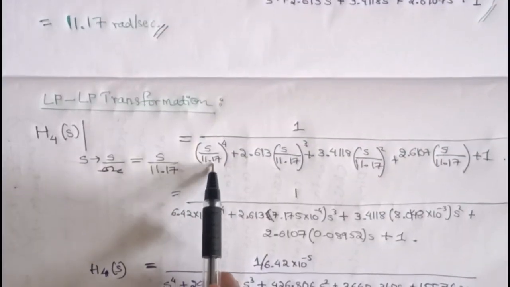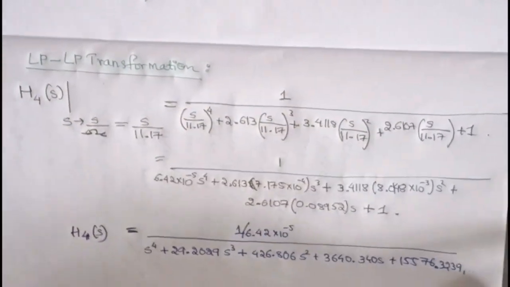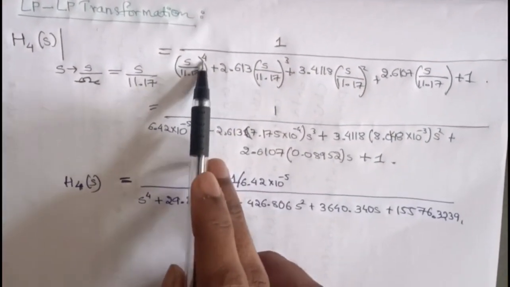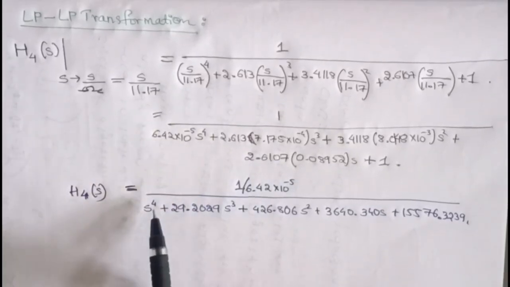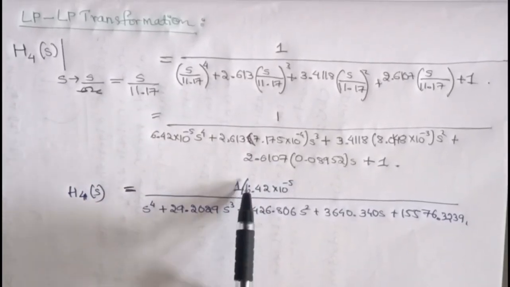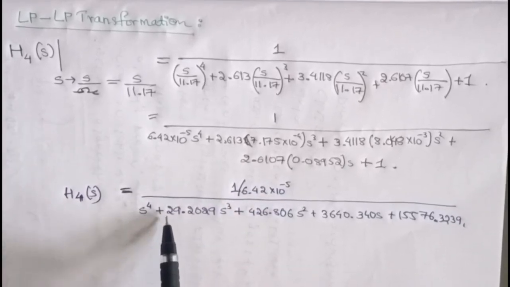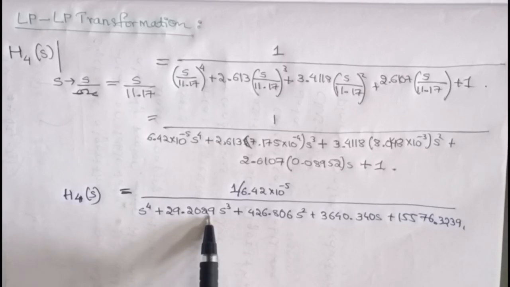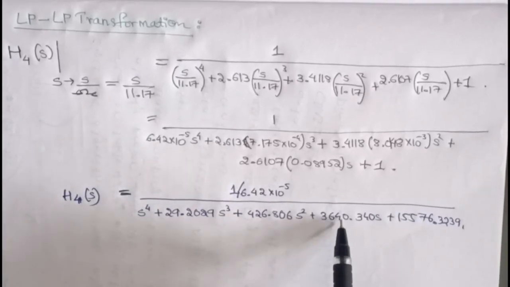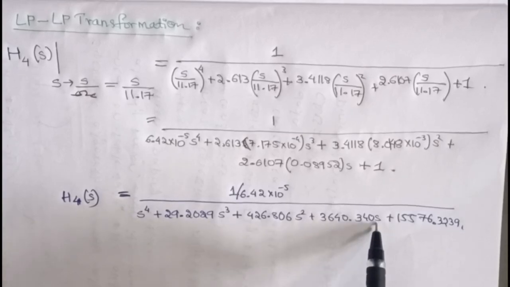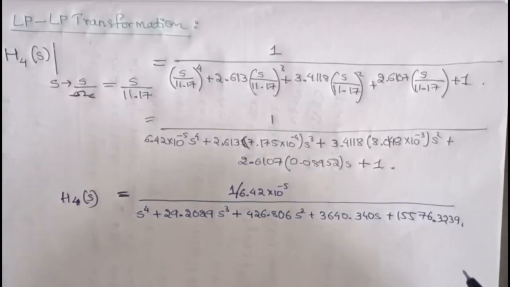Substituting s divided by 11.17 in place of s in the above equation and doing the appropriate mathematical operations, we obtain the transfer function as 1 divided by 6.42 into 10 power minus 5, divided by s raised to 4 plus 29.2029 s cube plus 426.806 s square plus 3640.340 s plus 15,576.3239.